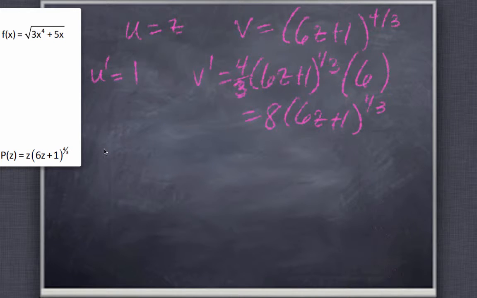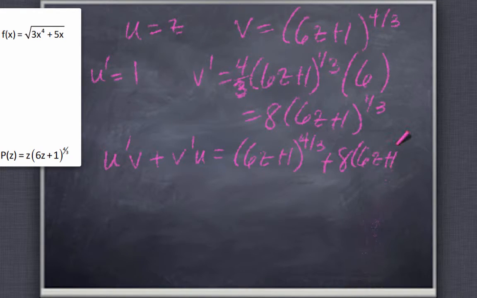Okay, so u prime v plus v prime u is 1 times 6z plus 1 to the 4/3 plus 8 times 6z plus 1 to the 1/3 times z. Now I'm going to factor out the lowest power of 6z plus 1, just like you would if you had a bunch of x's, you'd factor out the lowest power.